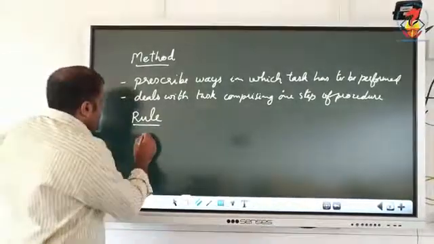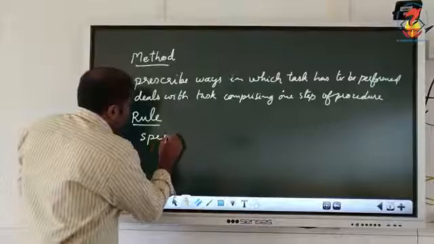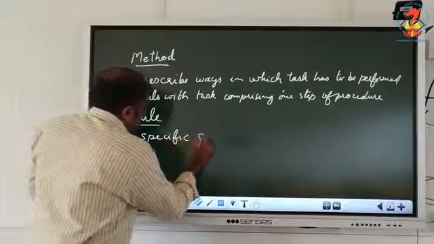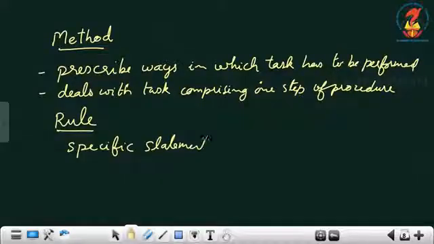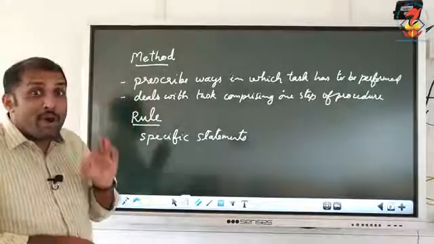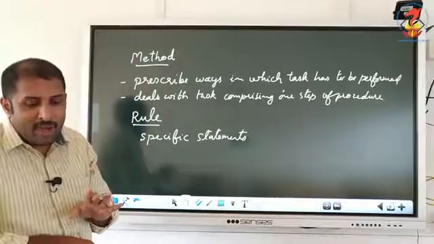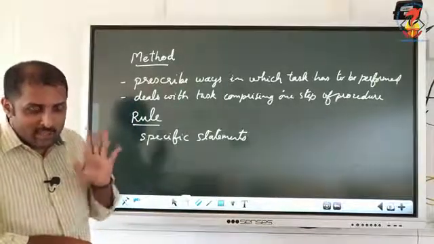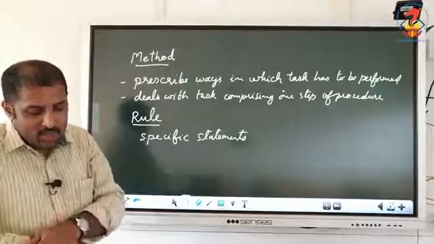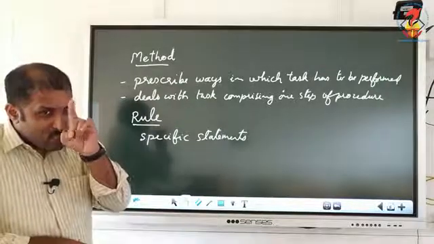So, rules are specific statements. For example, if policy is children has to be punctual, rule will say that children has to reach school by 9 o'clock or 8:20. It is specific in nature.